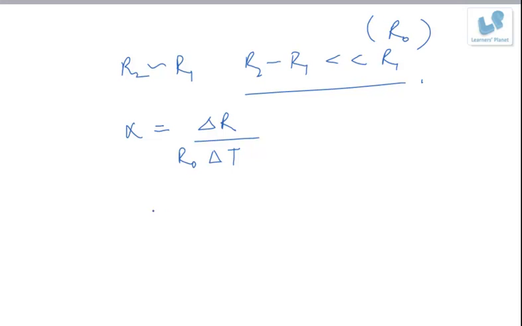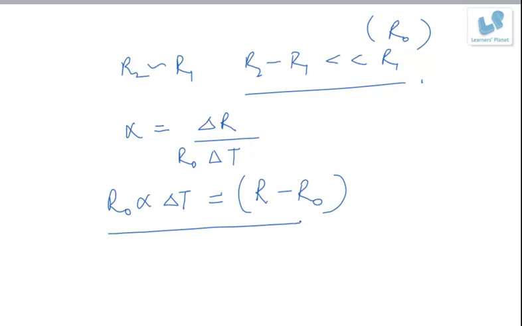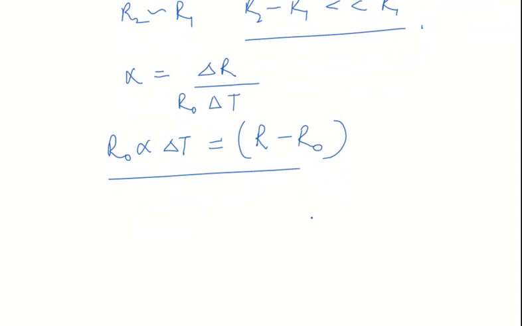Okay, so keeping this in mind, we can write it as R naught alpha delta T equal to delta R, which is R minus R naught. Okay, now solving this, we will get R is equal to R naught (1 plus alpha delta T).